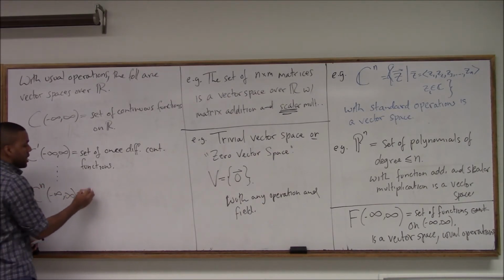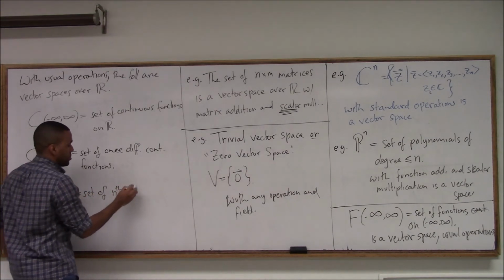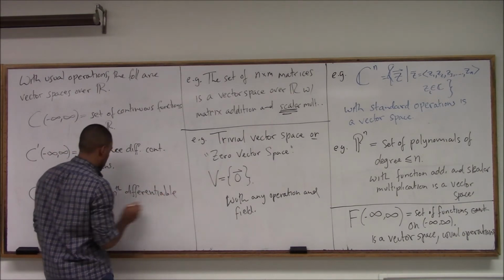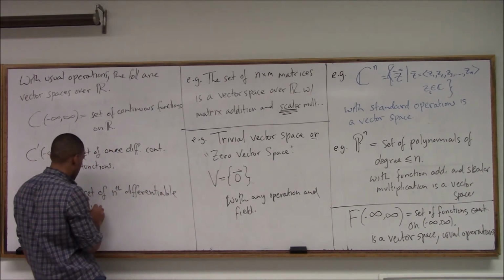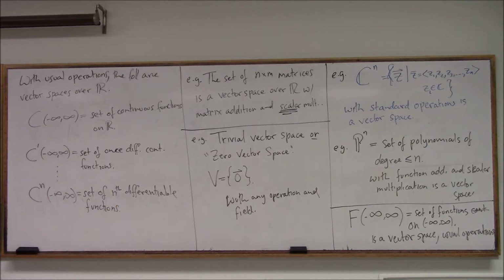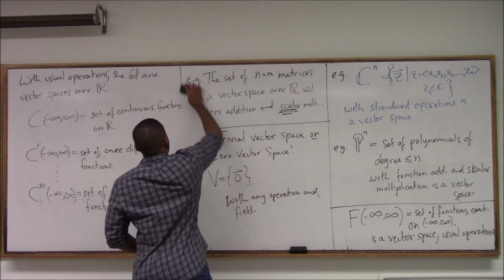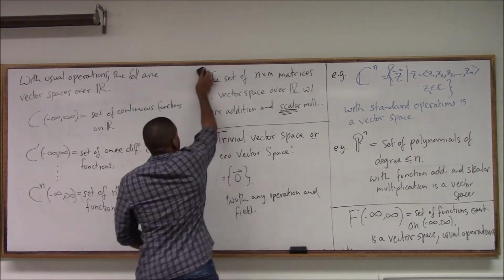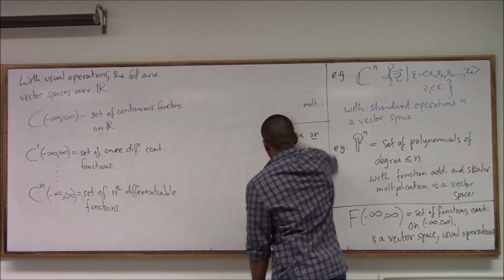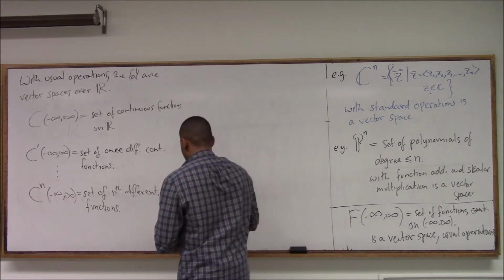This is the set of n times differentiable functions, so functions that we can differentiate n times and they're continuous on the real line. In calculus you wouldn't have seen many functions that are not like that. But there are examples.